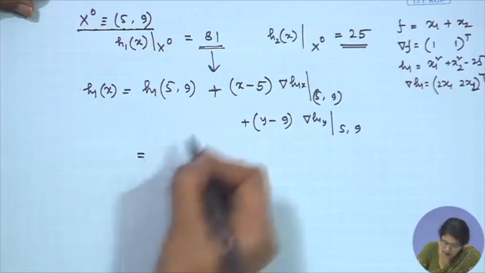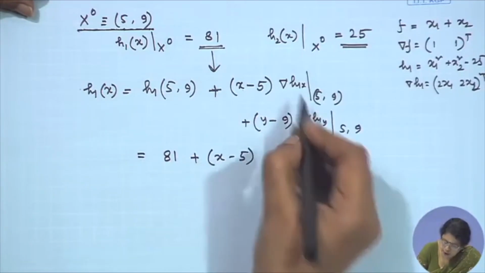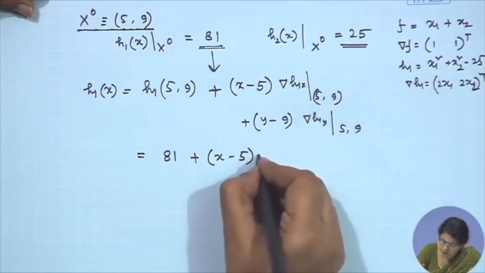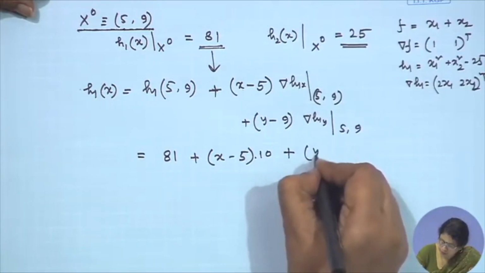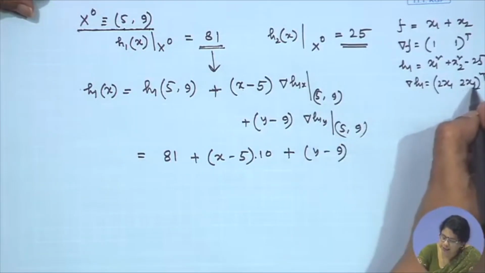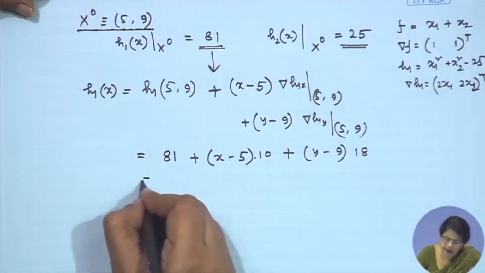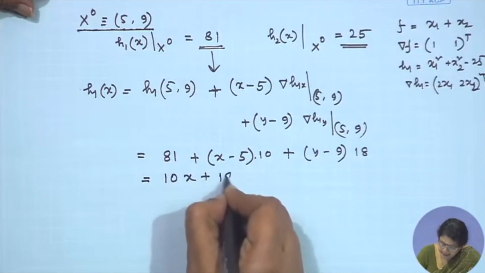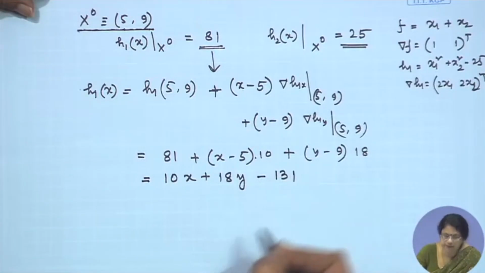Now this is equal to 81 plus x minus 5 times 2x1, where the x part is 5 into 2, that is 10, plus y minus 9 times the y part, which at this point is 18. So this will become 10x plus 18y minus 131.